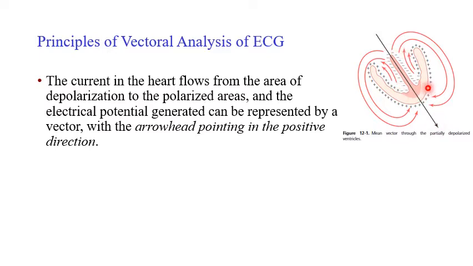So this is partial depolarization, when almost half of the ventricles are depolarized and half is polarized, still in the rest membrane potential. And by convention, the arrowhead is pointing toward the positive direction.